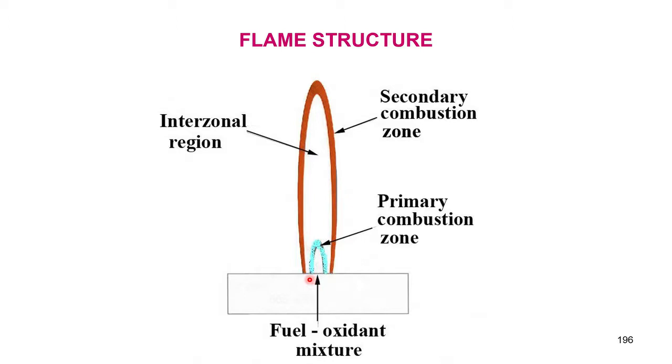So, the fuel oxidant mixture is coming from the bottom, spreads through this, and then it is horizontal, and if you look at it, there is a primary combustion zone, then there is an interzonal section, secondary combustion zone, and then there is interzonal region. Okay. So, this is how a typical flame looks like.